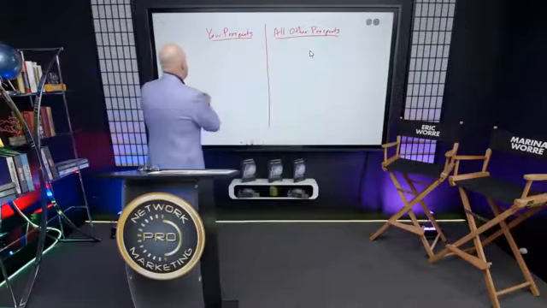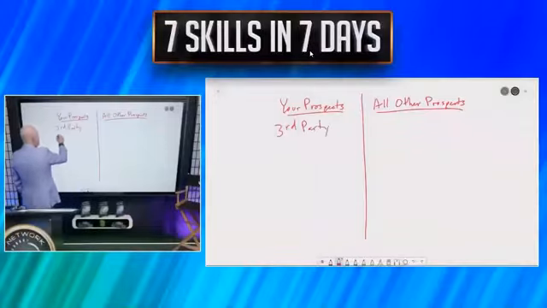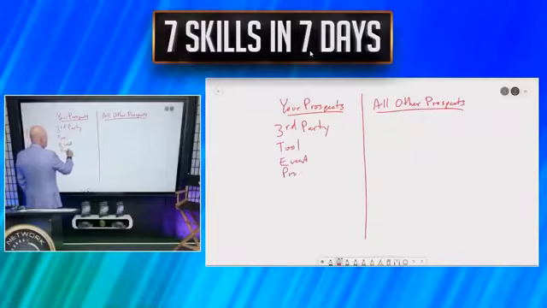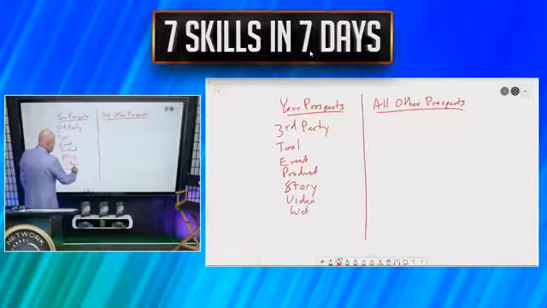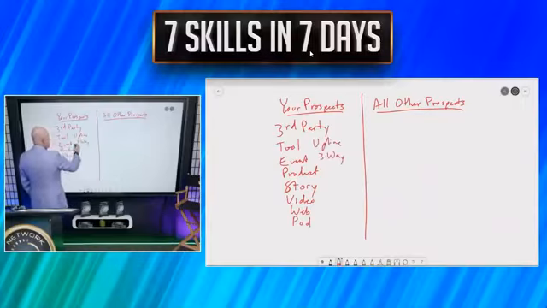Your prospects, you need a third party, which is a tool, an event, product, story, video, website, podcast, upline, you know, 3-way phone call, 3-way chat, anything that's not you. You need to use a third party when it comes to your prospects.